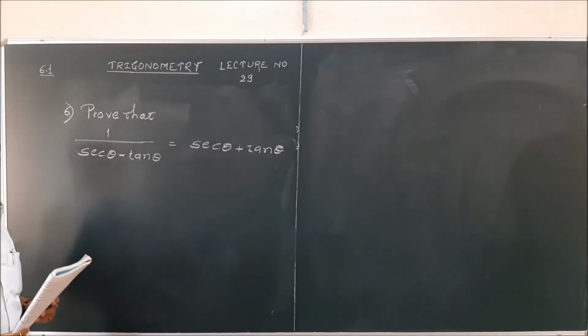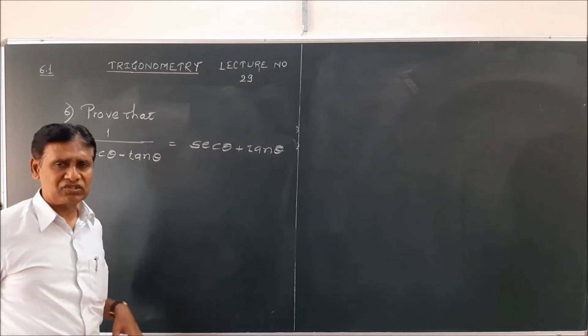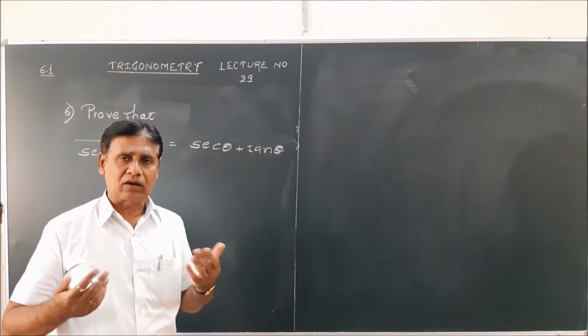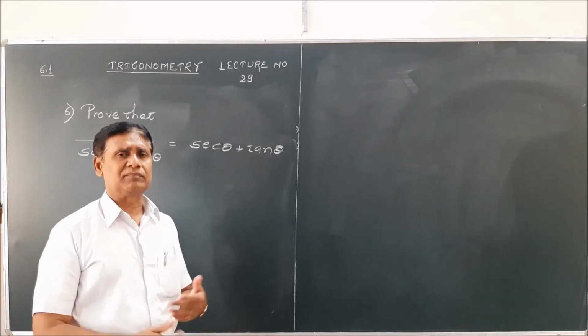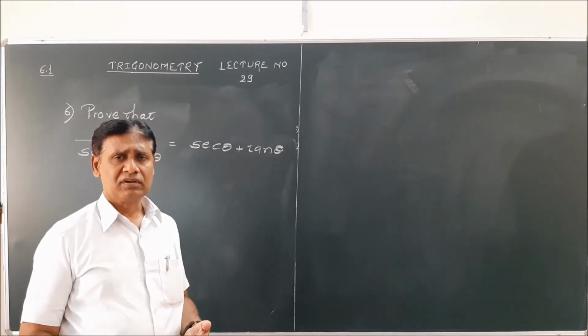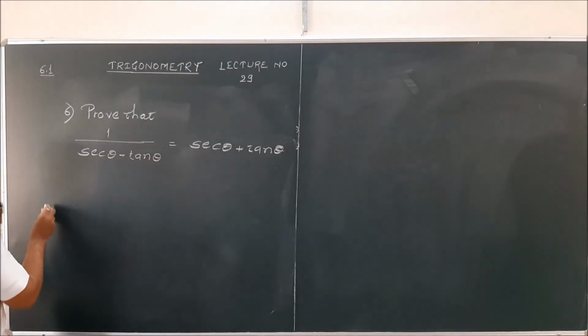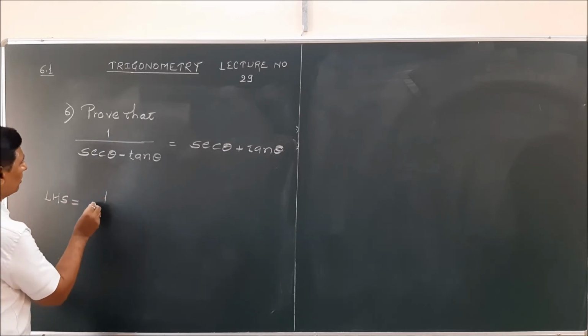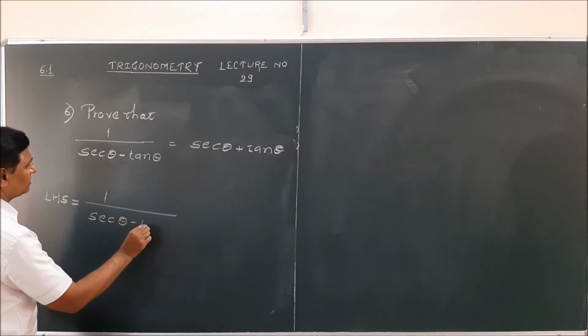Okay. Now you may think in this way, that converting as usual into sin and cos. Yes, you are correct. But sometimes we may use a different method also. So here LHS is equal to 1 upon sec theta minus tan theta.